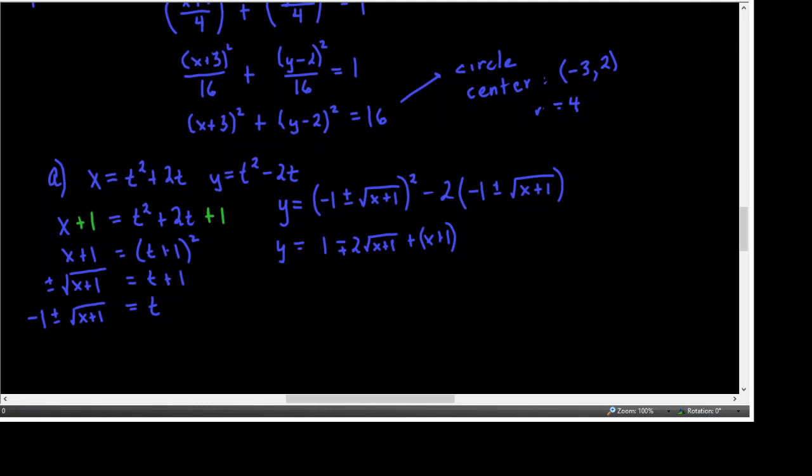And it's important that you keep the order in which you're doing that. You'll see that back here as well. Distributing the -2 times -1 is +2. -2 times the positive radical is a -2 times the radical on top. And then -2 times the negative radical on the bottom gives us a plus.